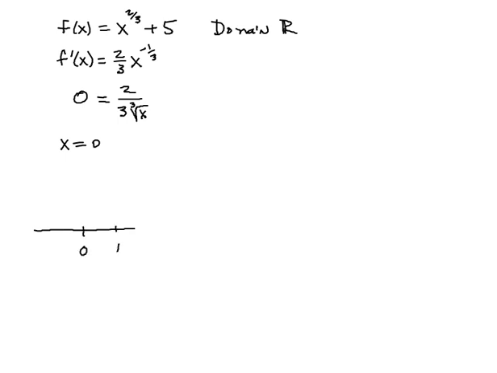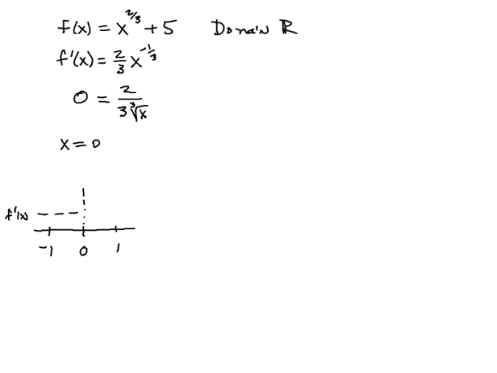I'm going to take a couple easy test points there and determine where this function is increasing and or decreasing. If I put -1 into the derivative function, then I would get, actually the cube root of -1 is negative, so 2 over 3 times the cube root of -1 would be negative. That's all I need to know.